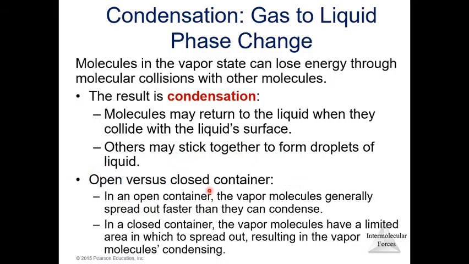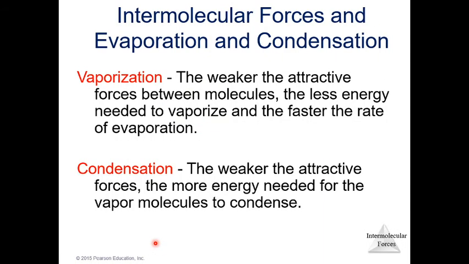In an open container, the vapor molecules can spread out easily, faster than they condense, and they'll leave the container. In a closed container, the gas molecules have a limited area to spread out, so you get more condensation. So these are two things that can happen at the same time when you have a liquid. You have vaporization and condensation happening at the same time.